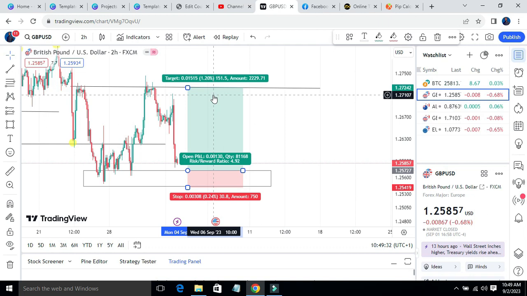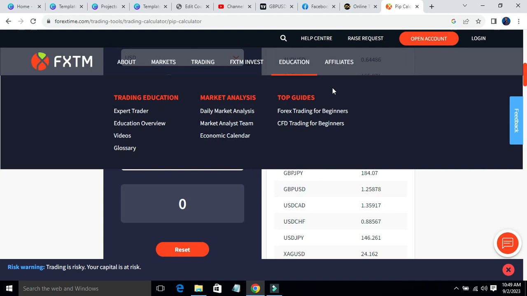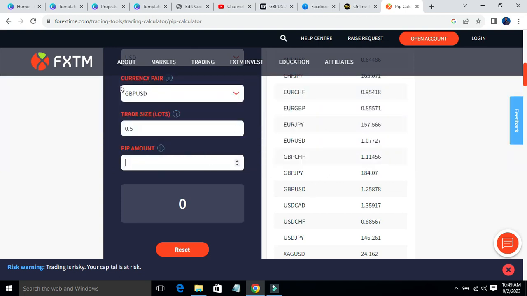Once you have done this, you can calculate the actual amount you are going to make using the pip calculator. So here we say 30 to 50. If we go over to the pip calculator, GBP USD, let's say we use 0.5 lot size.